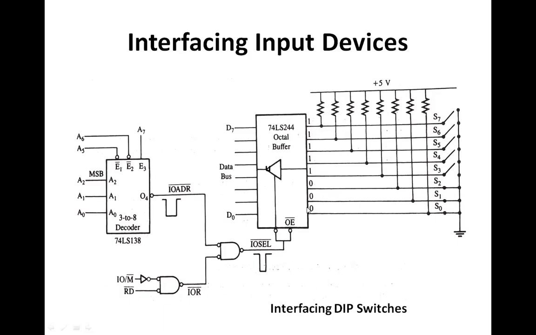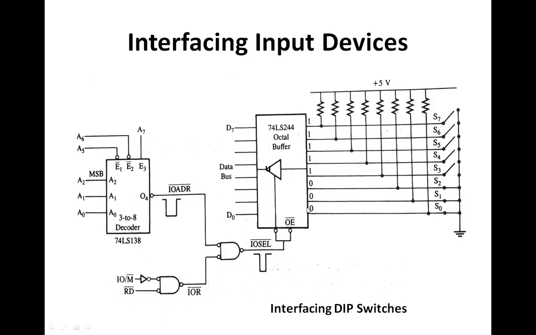So here, regarding the input device which is used to interface, we have already discussed the interfacing of the output device. We will be doing it in a very similar fashion. We will be interfacing the input devices. In case of output devices, we were using latches for latching the information. But in case of interfacing input devices, we will be using buffers.